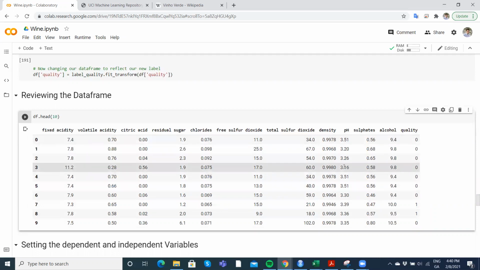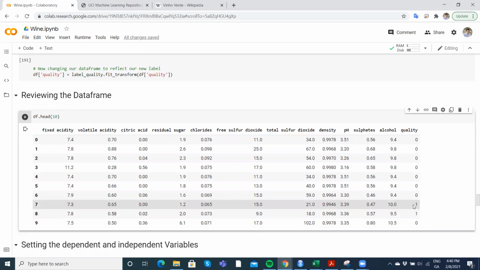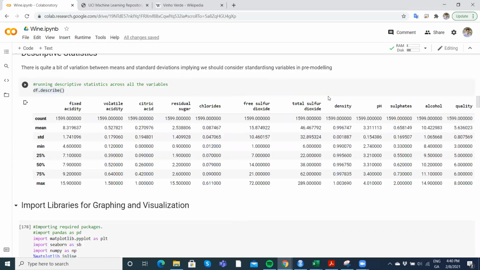And the df.head, if you compare this data set to what we had before, these were both sevens, and now anything above 6.5 is considered to be good, or one, right? So now we have a binary classification problem that we're going to solve.